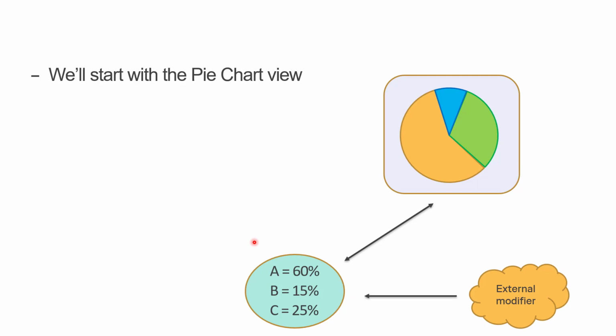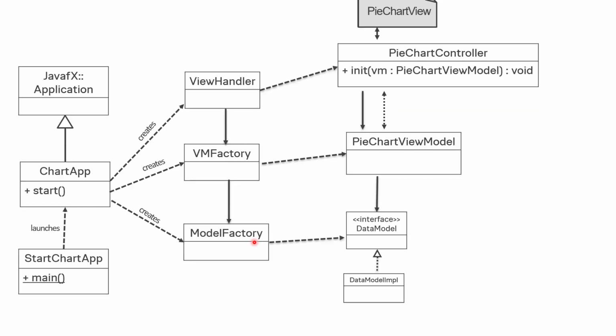So if I take my UML template from the previous video, it looks like this. I have called my app the chart app. So these are all the classes that I need initially for now when I just want to do the pie chart view.